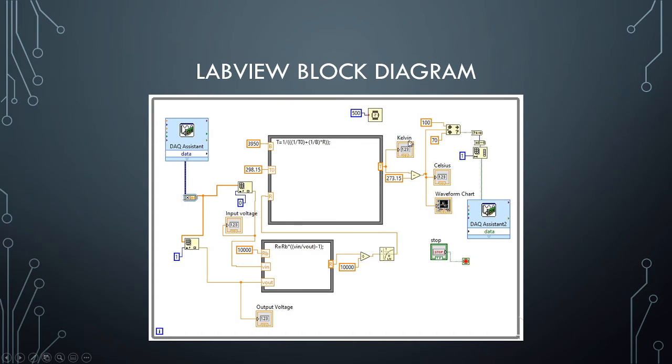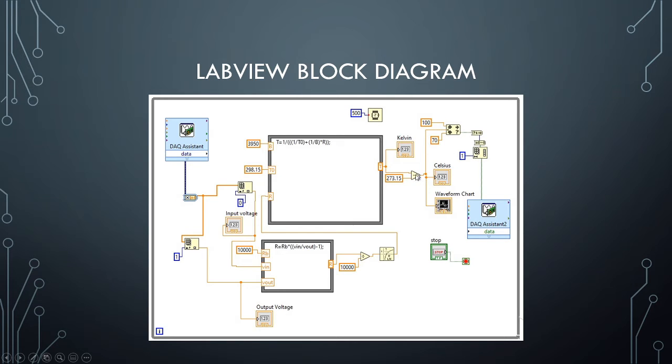So the output's going to be in Kelvin. That's going to go straight to the indicator on the face, and then minus 273.15, and that'll give us the temperature in Celsius, which is sent to the indicator on the face again and the waveform chart on the face.